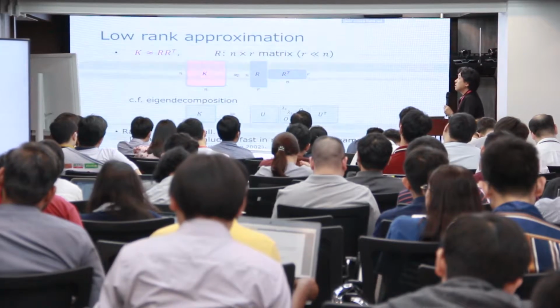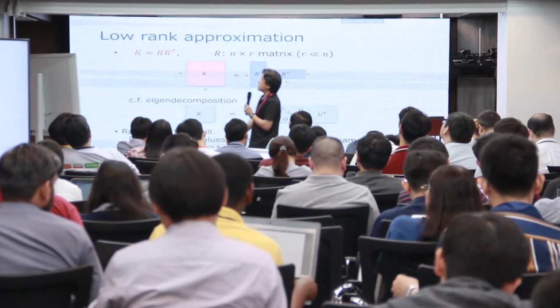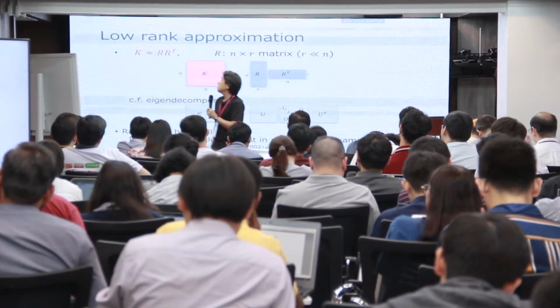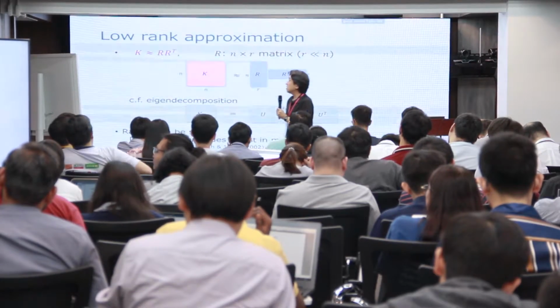Okay, so we want to handle the Gram matrix denoted by K, which may be very large, n times n.